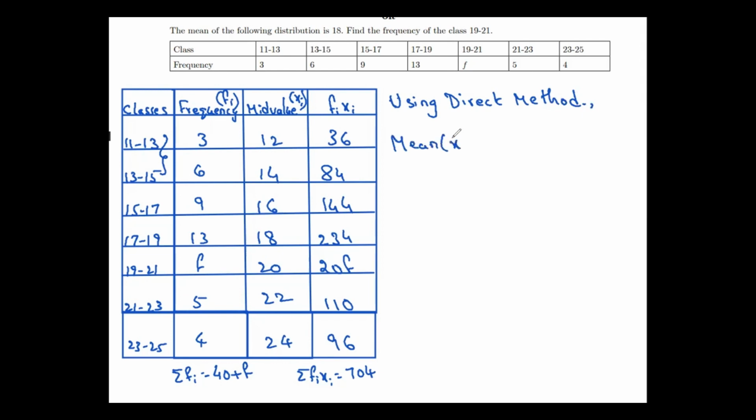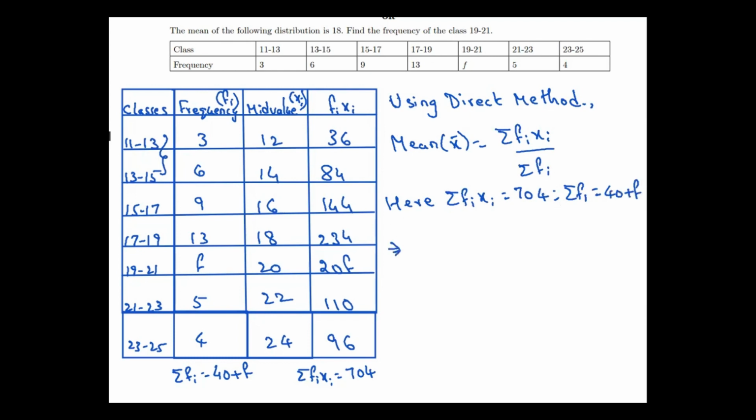Mean x bar is equal to sigma fi xi by sigma fi. So here sigma fi xi is equal to 704 plus 20f, and sigma fi is equal to 40 plus f.